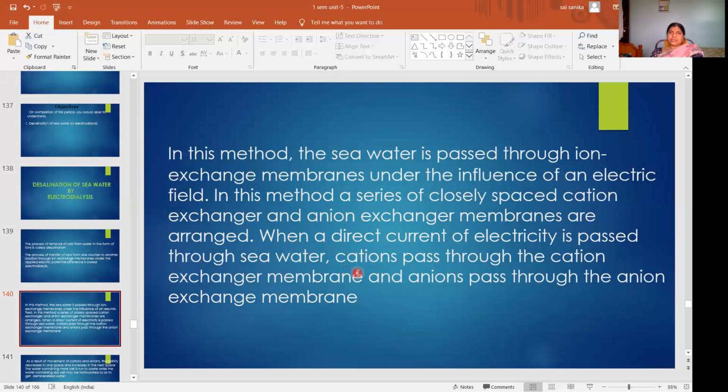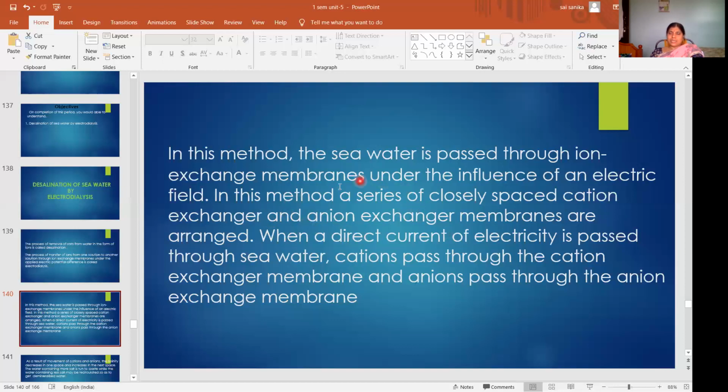cathode. So when you pass electricity, whatever ions are present in the water will move to the respective electrodes. That means cations go to the cathode and anions go to the anode through what? These ion exchange membranes.